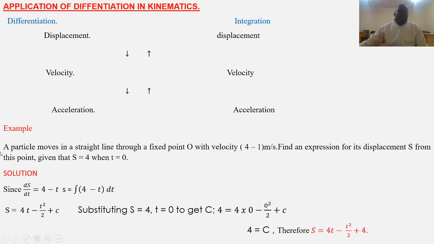Now, application of differentiation and integration in kinematics. How do we apply this? When we talk about differentiation, you move from displacement to velocity, then velocity to acceleration, you differentiate.